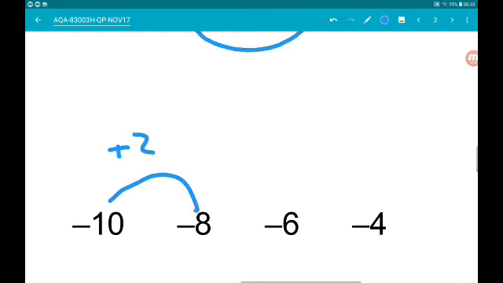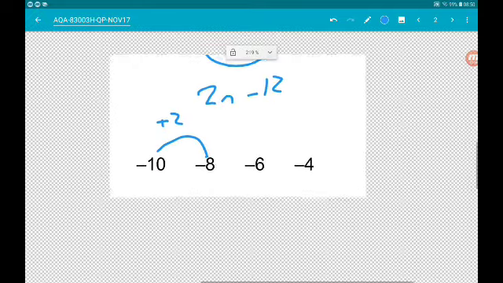So it's something to do with 2n. Now, n is the term number, so if we set n equal to 1, we would be comparing it to minus 10. So 2 times 1 is 2. To get down to minus 10, we would need to subtract 12. So it's 2n minus 12.